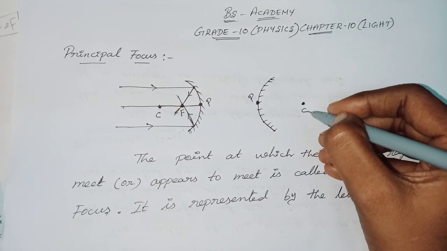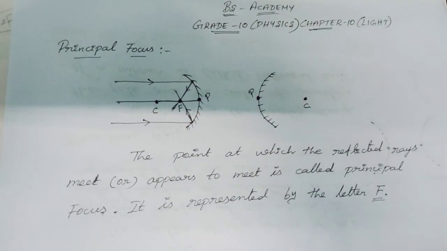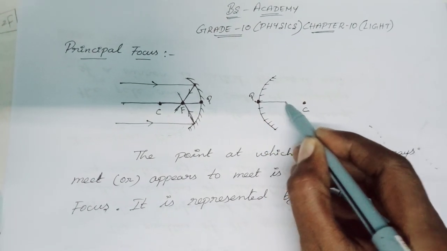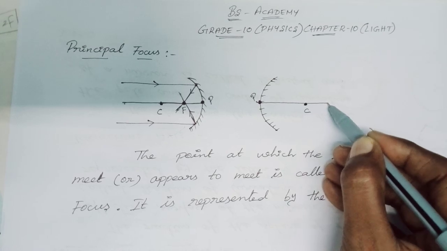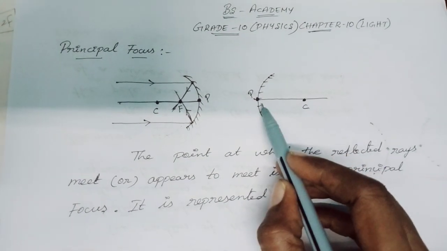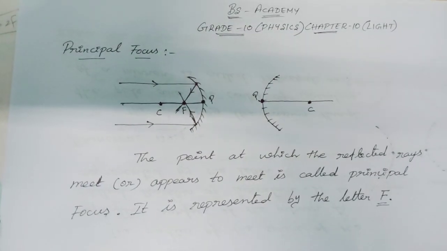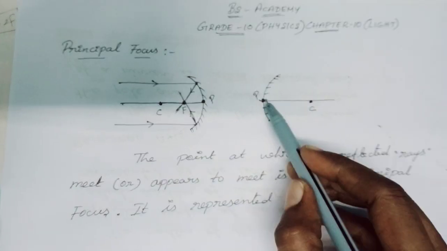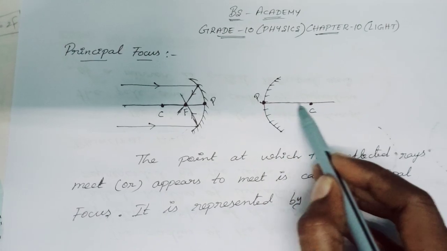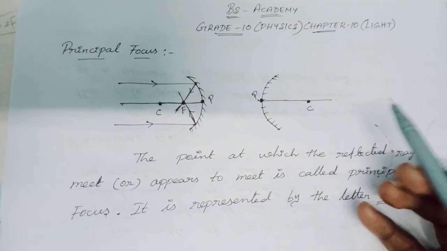So this is the center of curvature, and the imaginary line which passes through the pole and the center of curvature is called the principal axis. So this line is called the principal axis, and this distance is called the radius of curvature.